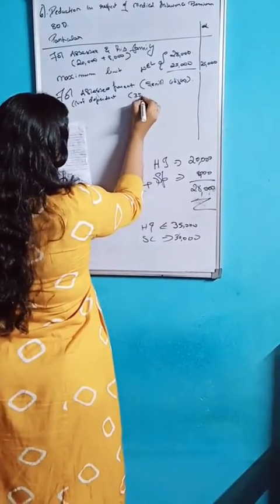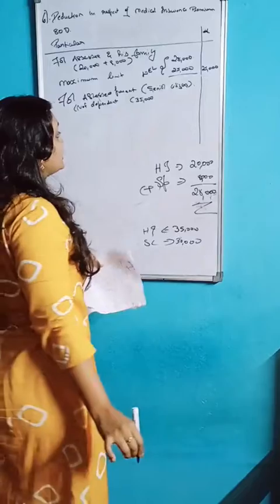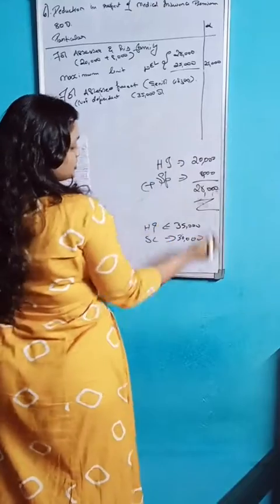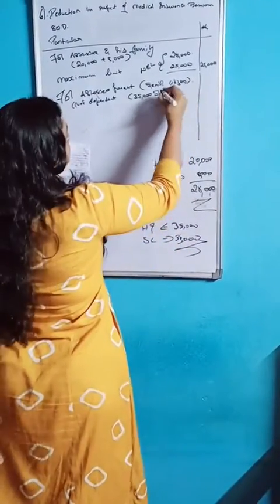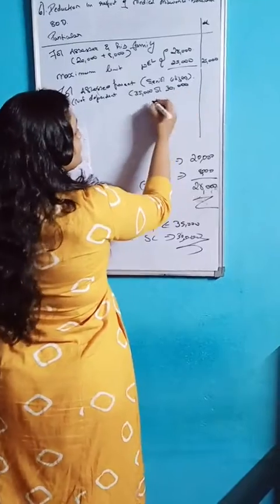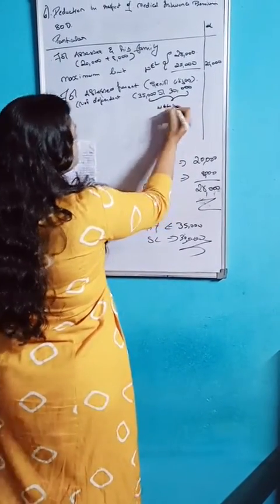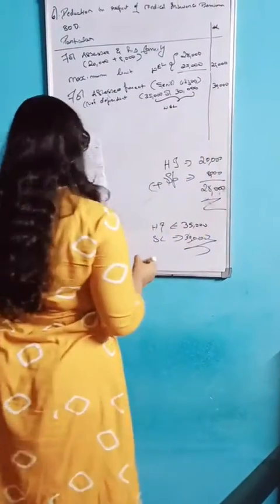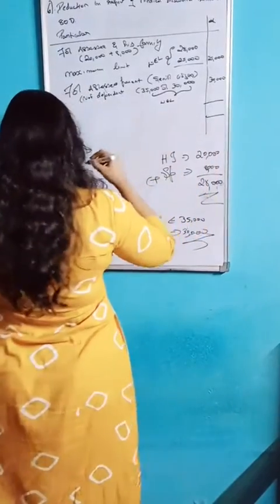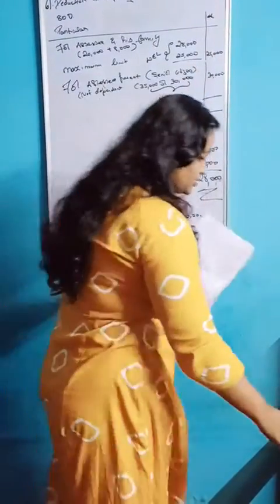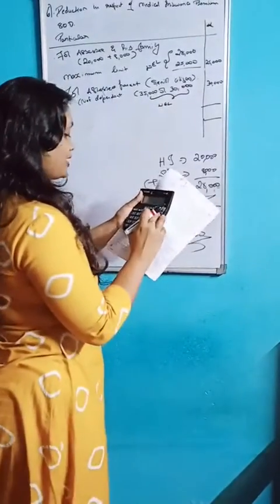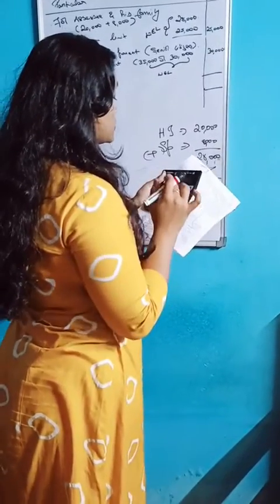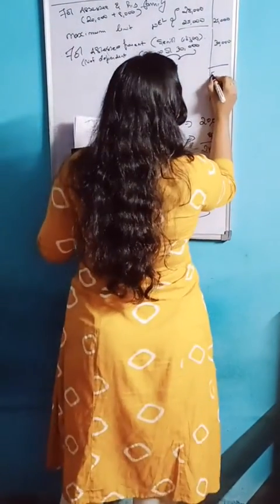So here 35,000, in the question they have mentioned already, and the senior citizen they have mentioned. So for senior citizen, the section limit is 30,000. In this whichever is less, that amount you should write in the amount column. So that is 30,000. Then you total it. So how much will you get? 25,000 plus 30,000, you will get 55,000.